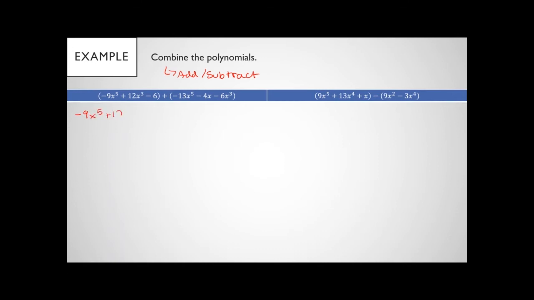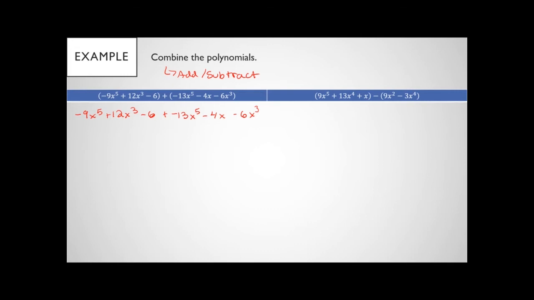I'm going to just rewrite it. And then I have a plus. And because I don't have a number in front of the parenthesis and it's a plus, I can ignore the next parentheses and just rewrite what I have. The only reason those parentheses are there is to make you see that we have two polynomials, but you can just write it all out without the parentheses, and then you are combining like terms.